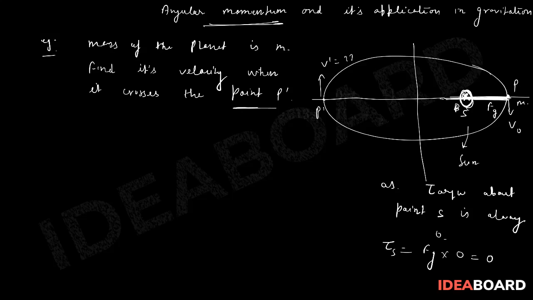So I can say that the torque about point S is 0, and we know that torque is equal to dL by dt, that means about point S we can also write dLs by dt, and this is 0. So dLs by dt is 0, that means Ls is constant.